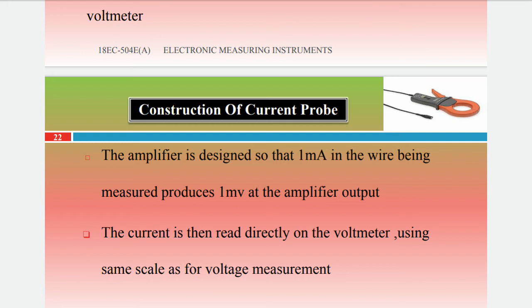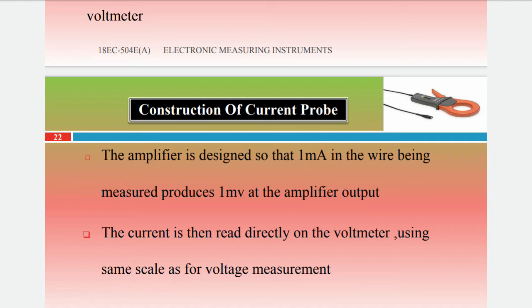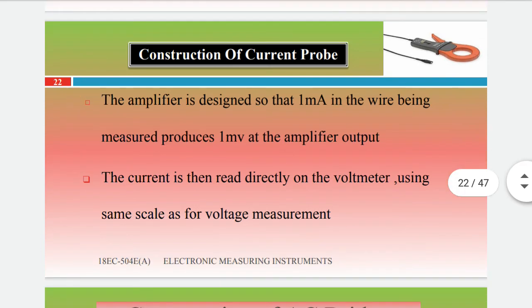The core is a ferrite U-shaped core, and a multi-turn coil of approximately 25 turns is wound on one leg of this core, and this works as the secondary of the transformer. Because of the electromagnetic induction principle, whenever current flows through the primary, an EMF gets induced in the secondary. This is fed to the scope input via the secondary circuit. That is about the transformer based current probe.